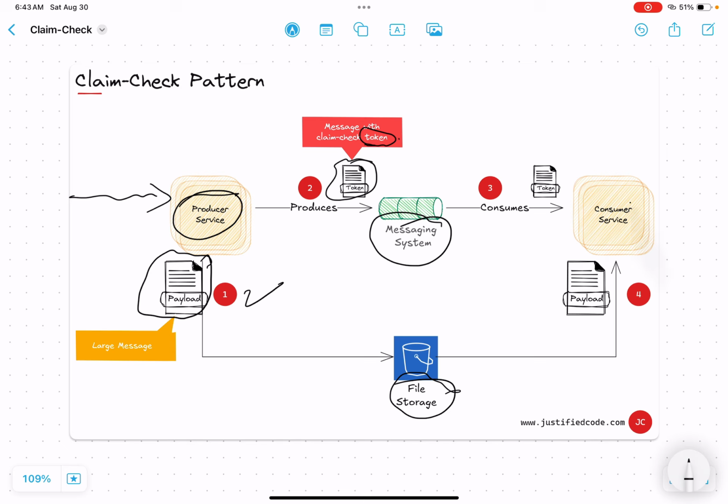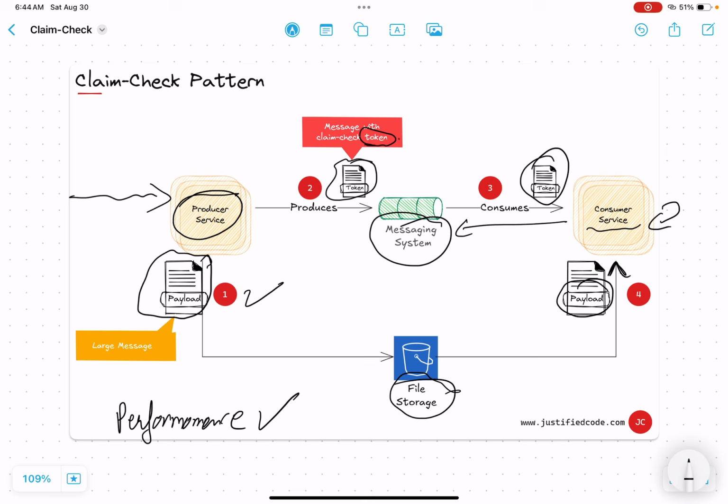Now, consumer services, on the other hand, will pick up this tiny message and detect that it points to an external file or a large message. Then it attempts to download that payload message from the cloud storage, do the necessary processing, and commit that message. That's the idea, guys. You are released from the performance bottleneck that was there.